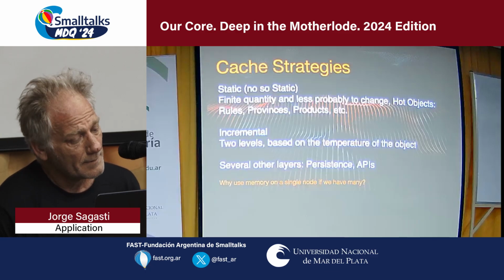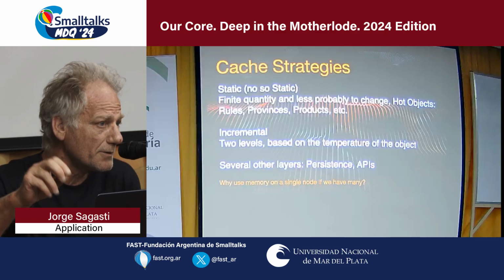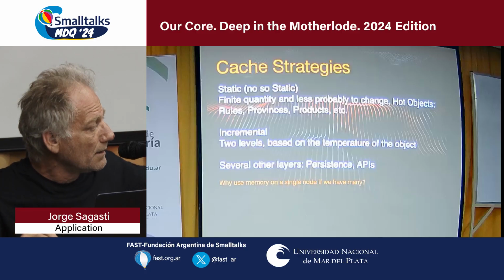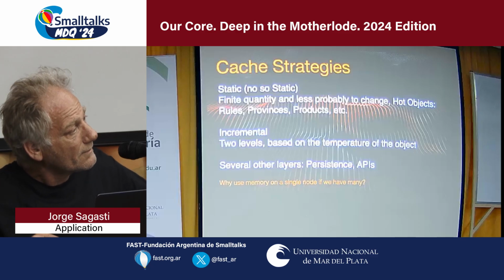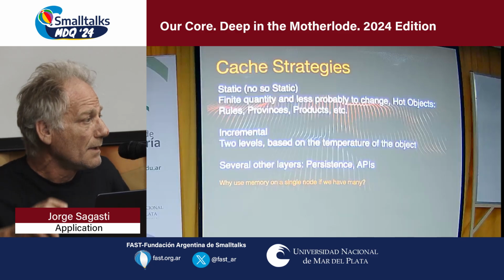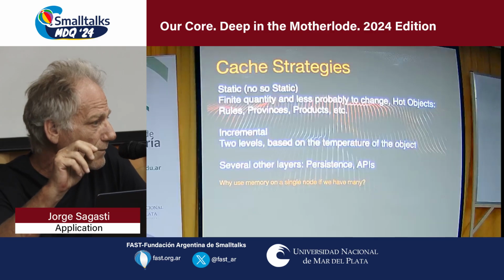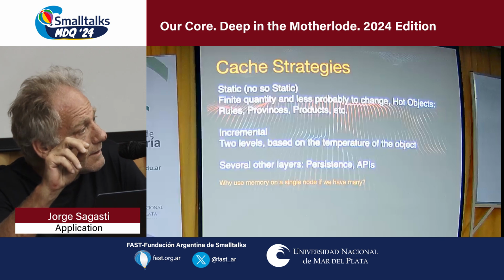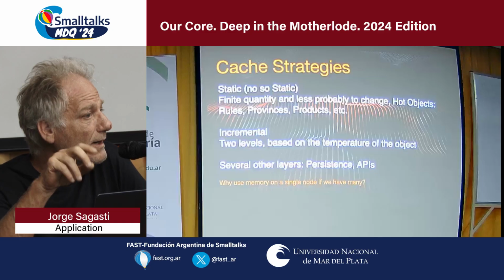What we do, and I'll show you in a minute, is based on the temperature of the object, and it's going to be either all on the instance, or we have a centralized repository of cache, I'll show you in a minute, where we keep cached objects for the whole environment.